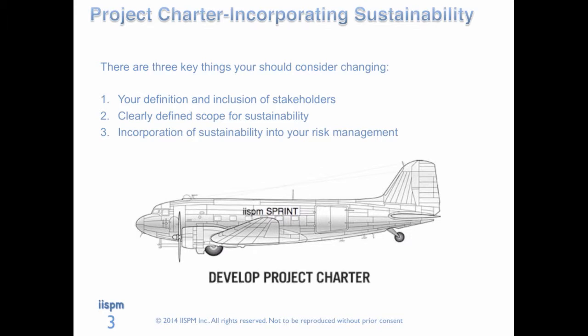But when it comes to adding or incorporating sustainability into your project management, one of the things that changes is an expectation to cast a wider net on the stakeholders that we include in the project and or the stakeholders that we give some type of representation within the project.